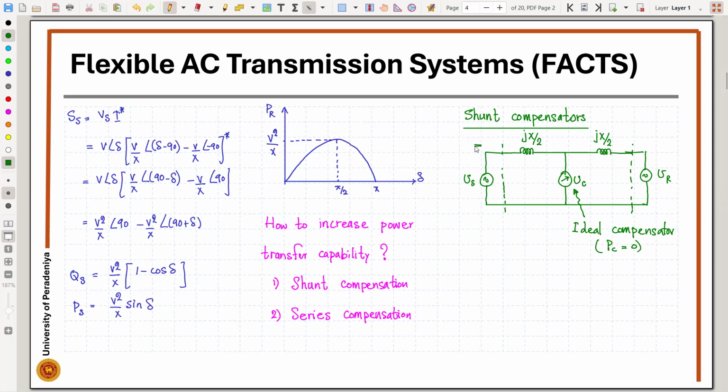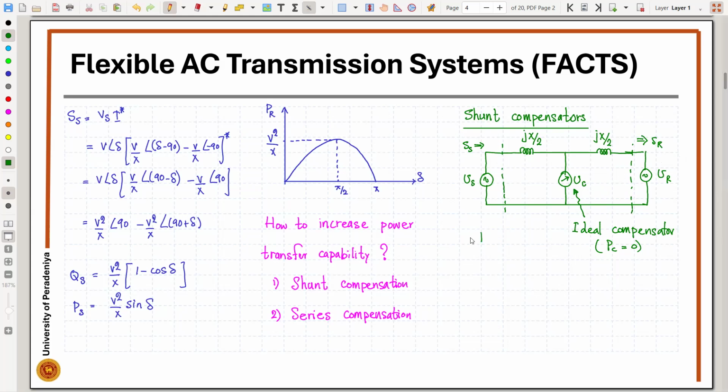So there would be a certain amount of power provided by the sending end, and a certain amount of power received at the receiving end. So this is going to be a lossless system.